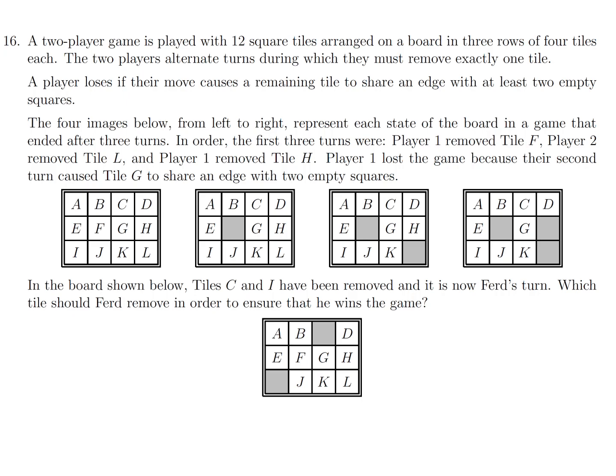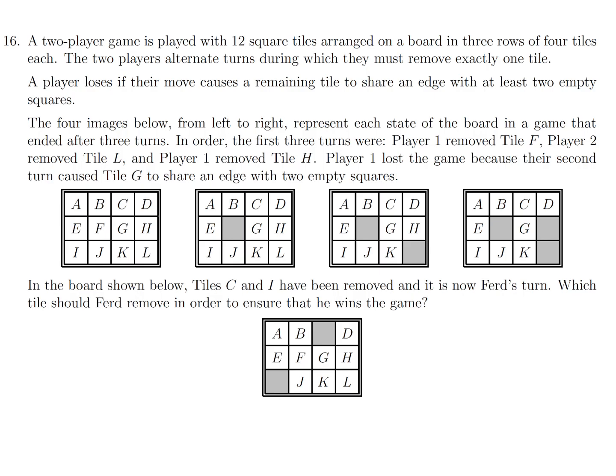A two-player game is played with 12 squares or tiles arranged on the board in 3 rows of 4 tiles each. The two players alternate turns, during which they must remove exactly 1 tile. A player loses if their move causes a remaining tile to share an edge with at least 2 empty squares. The 4 images below, from left to right, represent each state of the board in a game that ended after 3 turns.